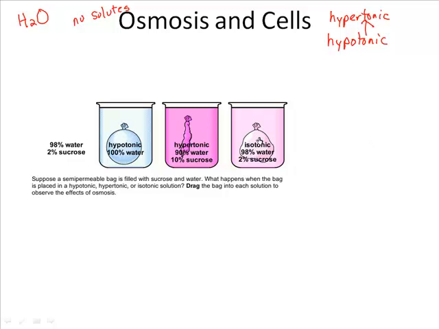Because the rate of water movement out of the bag is the same as the rate of water movement into the bag. Therefore, at an isotonic state, we have equal rates of water movement. And what we establish in this scenario is that water balance has been established. This is the environment an animal cell prefers to be in.